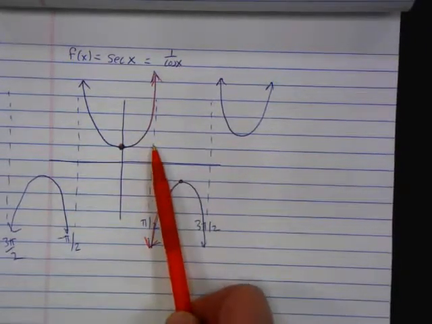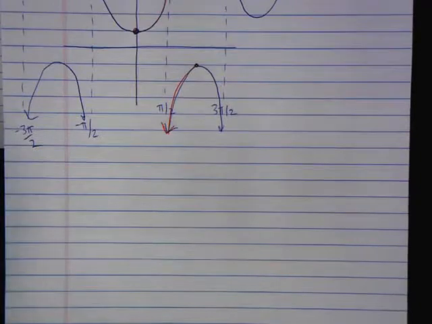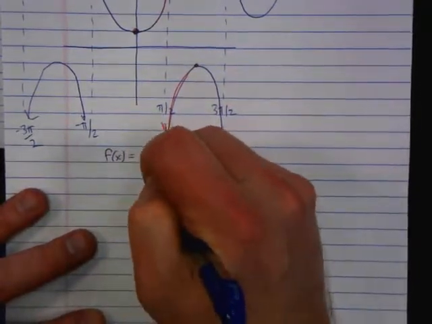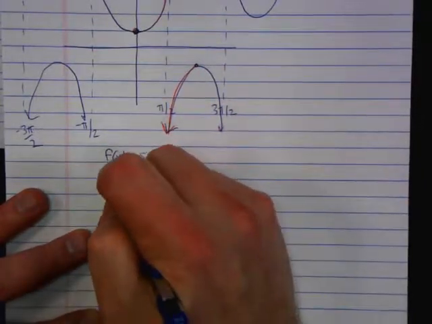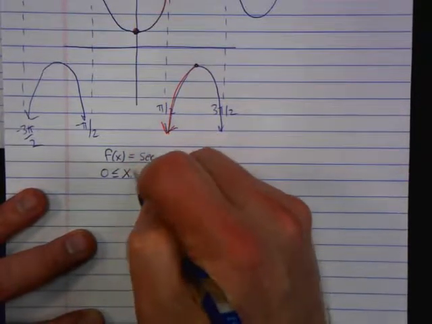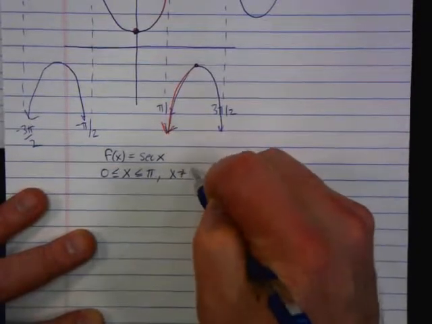Pi over 2, because that's where the asymptote happens. All right, so secant's kind of screwy here. So for f of x equals secant x, our domain has to be x is between 0 and pi, but x cannot be pi over 2.